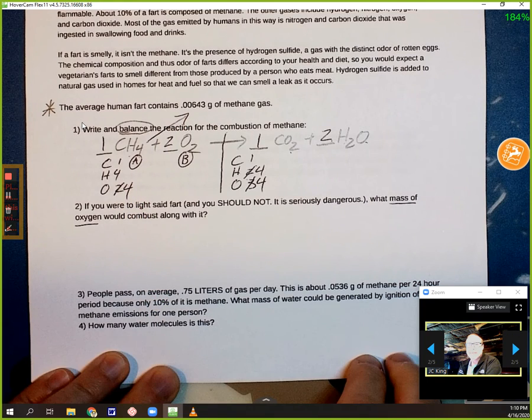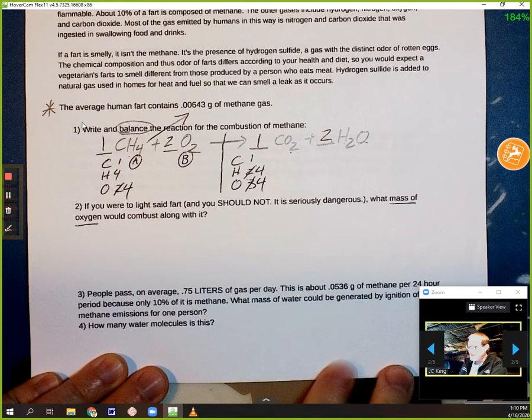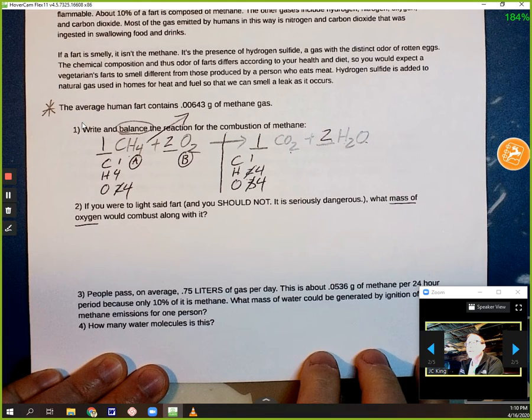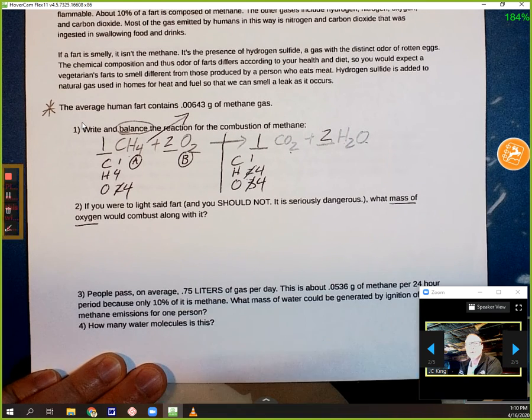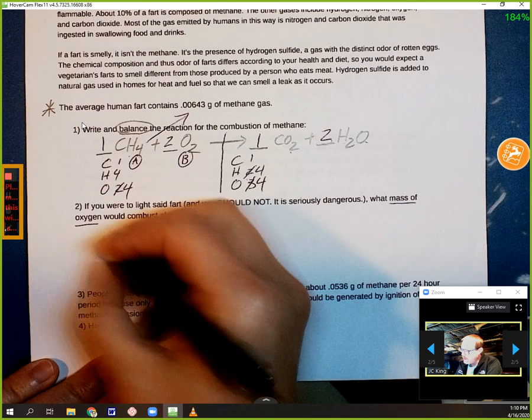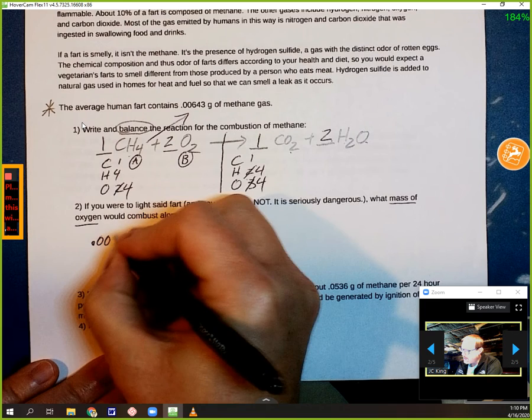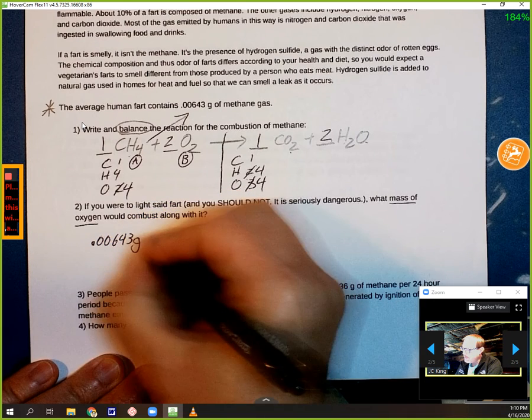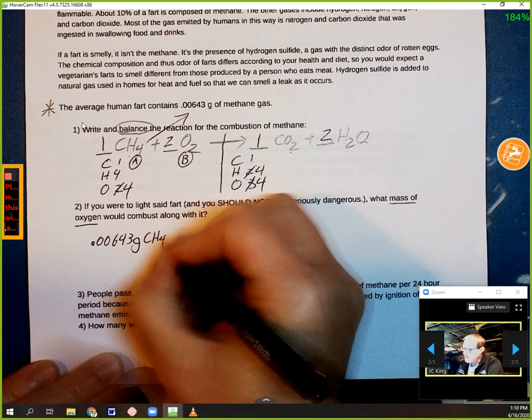So we're going to set this up. We're going from grams of A to grams of B. So if you had your football, you would be using your full football to set this up. We start out with what we're given, which is the 0.00643 grams of CH4. I'm going to put that over 1.